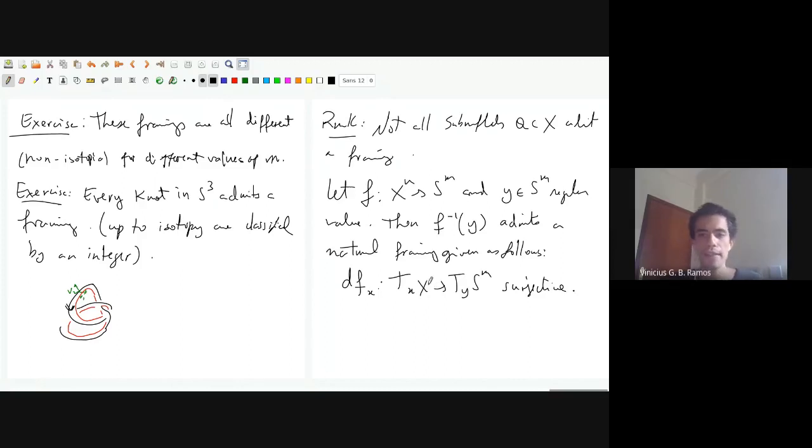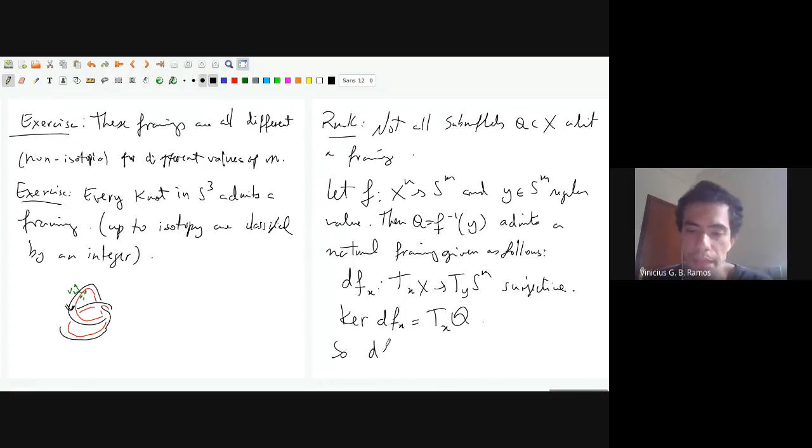But we know that the kernel of this map is the tangent space to, well, let me call this Q, the pre-image of y. We know this is just the tangent space to the submanifold.